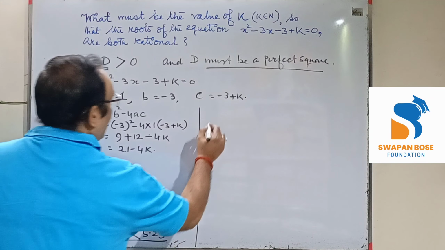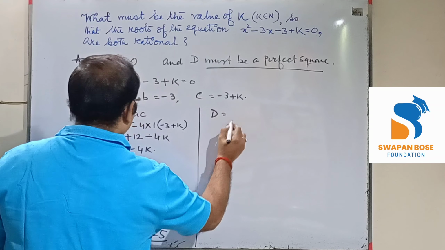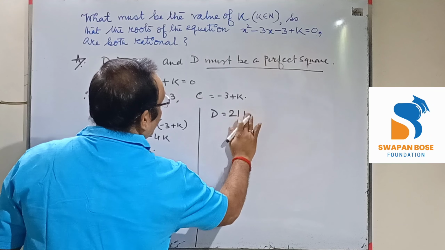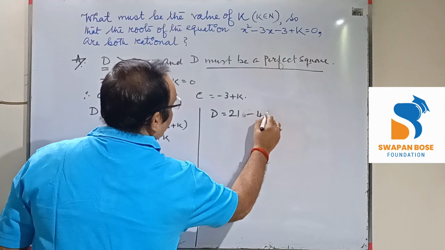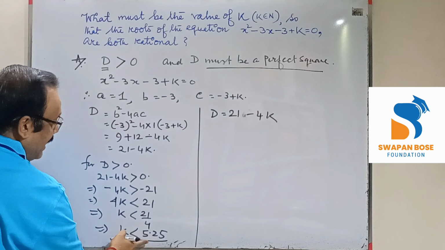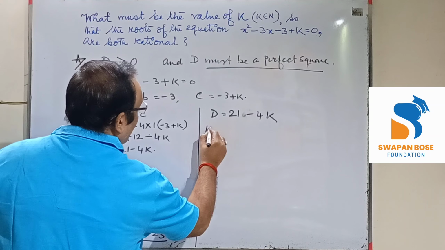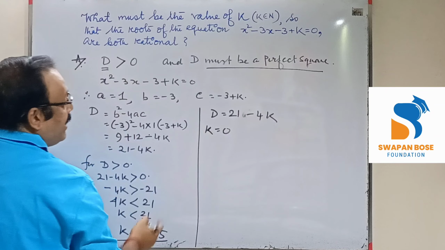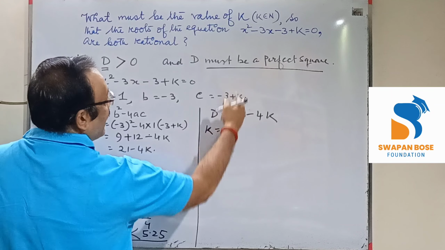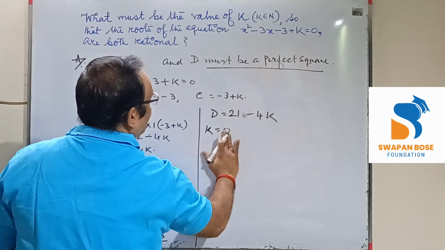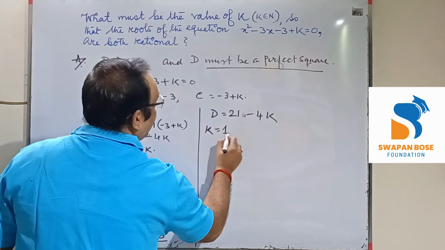So the value of D is 21 minus 4k. Since k is less than 5.25, I'll try out the values of k as natural numbers. Can I put k equal to 0? Since natural number, I cannot take k as 0, I am taking k as 1.